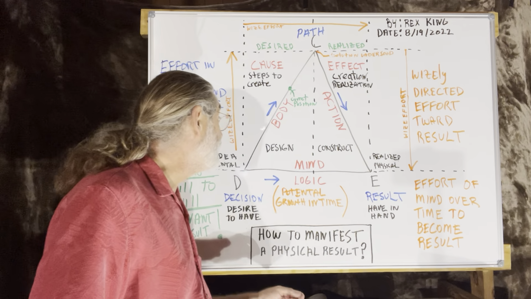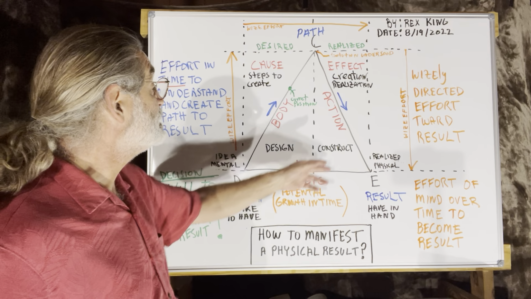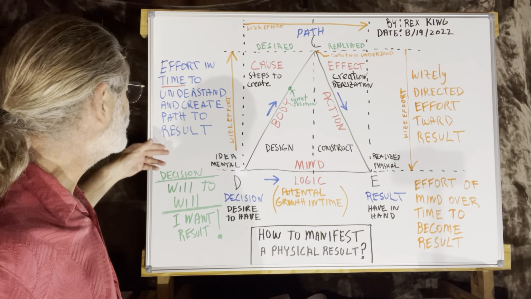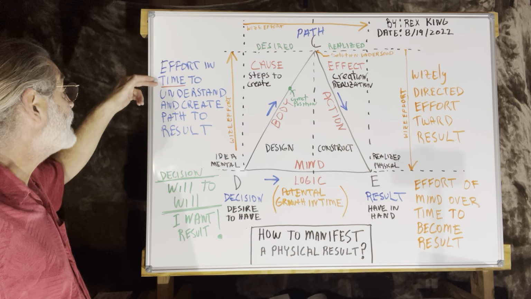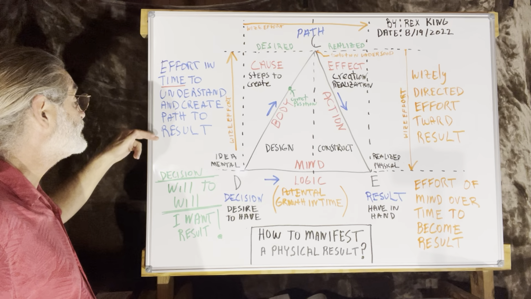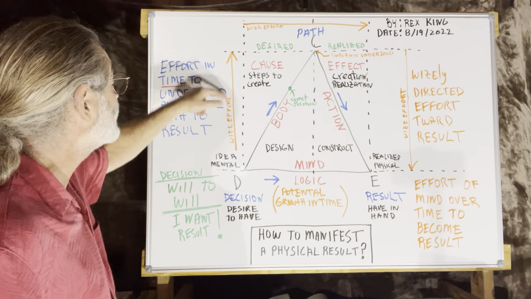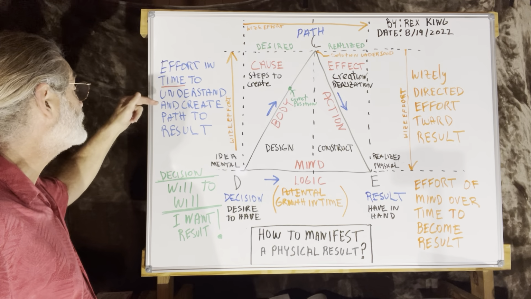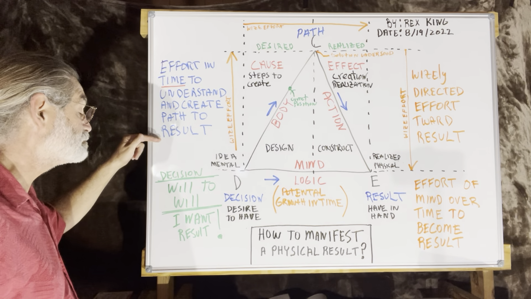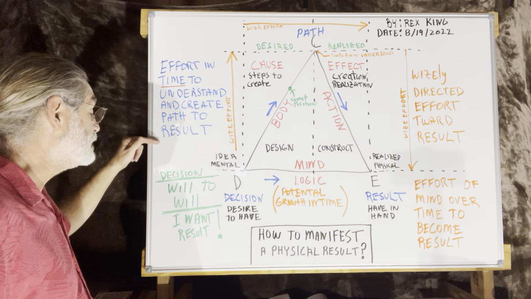Well, how do we do that? This triangle here shows us what's happening. First of all, it says effort in time to understand and create path to result. That's this vertical line right here. That's what we want to do.